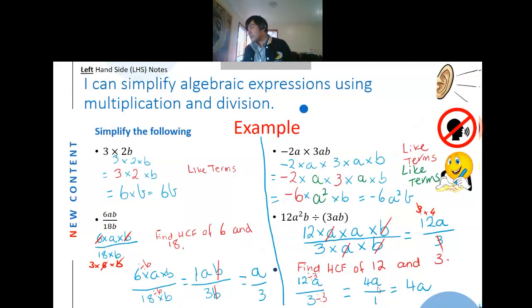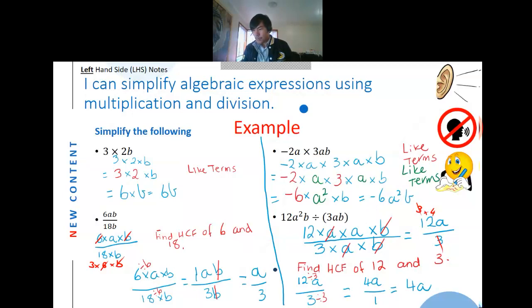Okay, so we have 4a over 1. Now, we don't have to write the denominator if it is a 1, so we can rewrite that as 4a. Okay, so I hope that explains how we get this answer here.